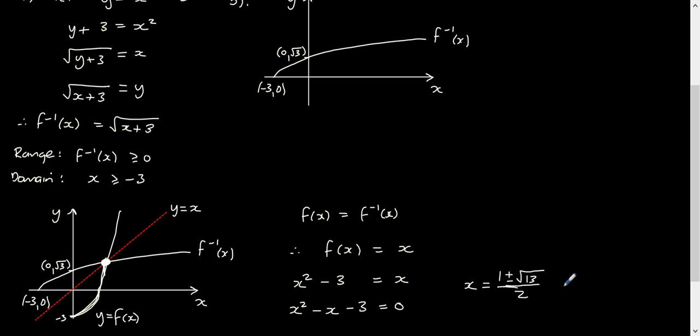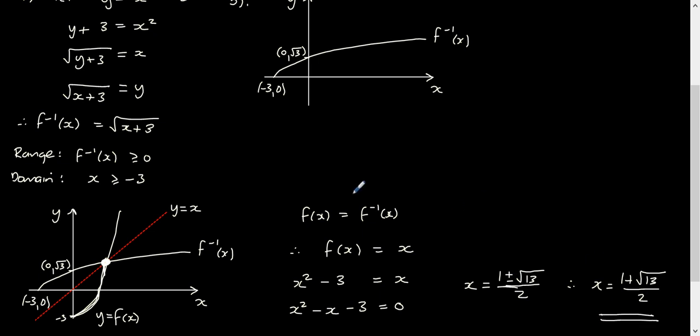We can see that our intercept here is a positive x value, so x is 1 plus root 13 over 2, because 1 minus root 13 over 2 is negative. So that's me just getting my calculator out to verify that I've solved this correctly. Yes, brilliant. So that's our intercept.